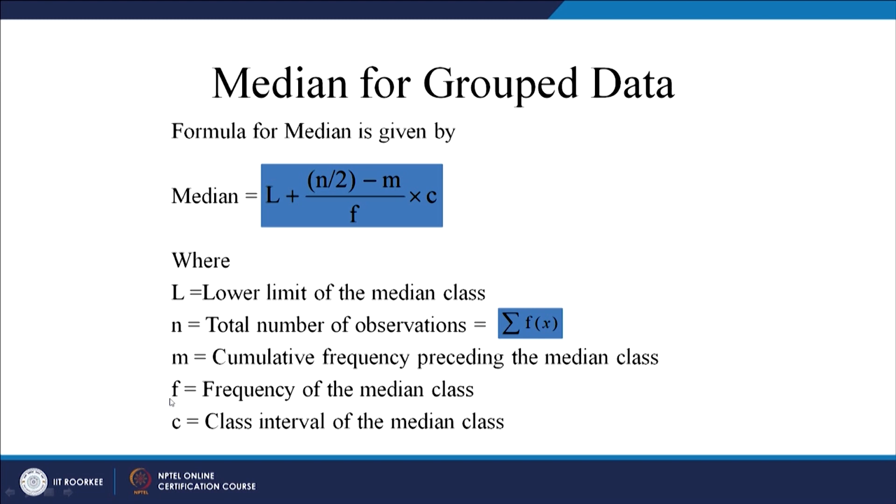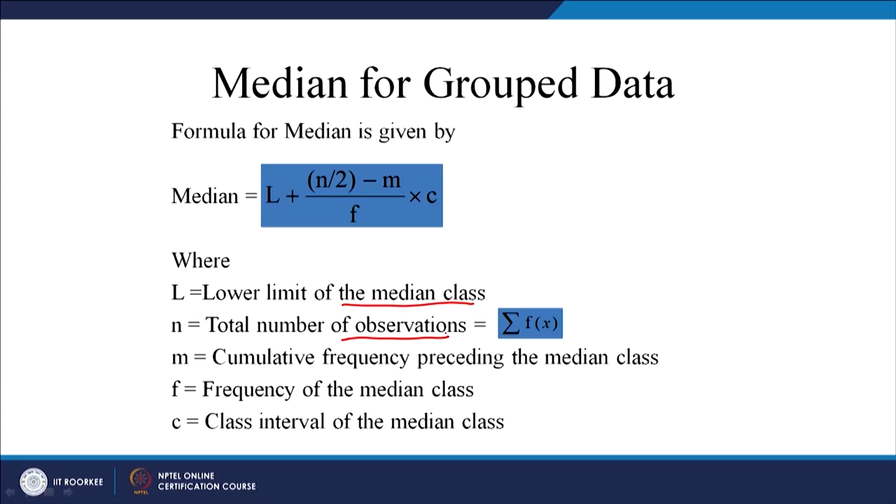So, median is equal to the lower limit of the median class, and what is the median? The median is the 50th percentile of the data, the middle value of the data points. Then n is the total number of observations, M is the cumulative frequency of the preceding class of the median class, f is the frequency of the median class, and c is the class interval of the median class, right.